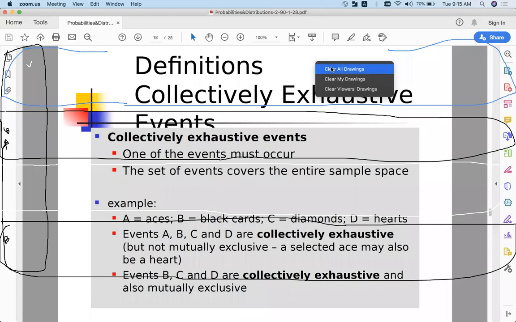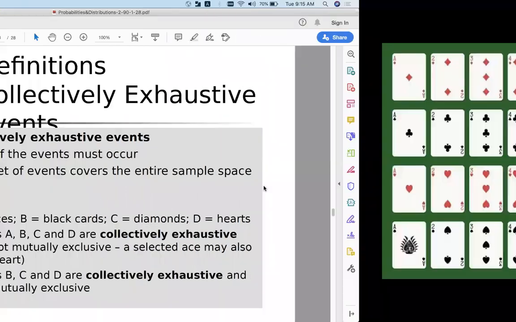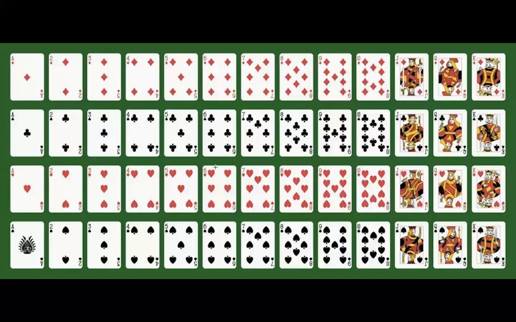Now mutually is collectively exhaustive, and also mutually is basically B, C, and D. Or let's make it simple. So red and black. Let's say event A is red color cards. Event B is black color cards.